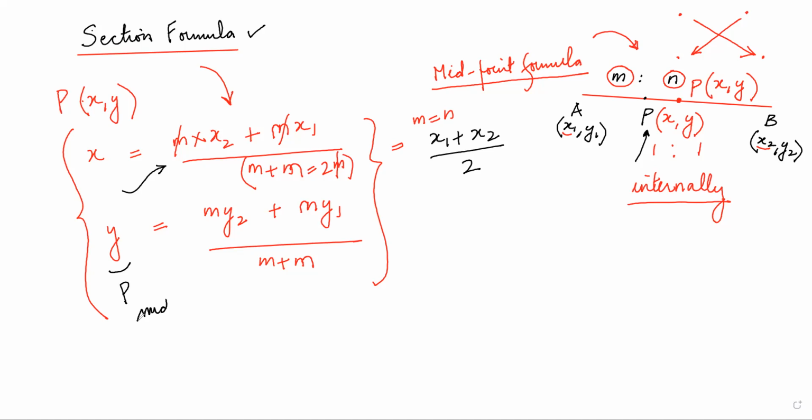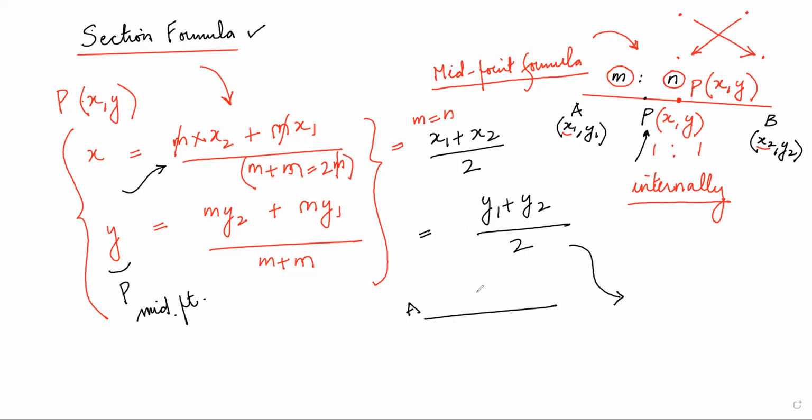P is the midpoint of this line AB. So ordinate will be equal to, can anyone tell? Yes, y2 plus y1 divided by 2. So simply, students, this is the midpoint formula. The application of midpoint formula is very simple.